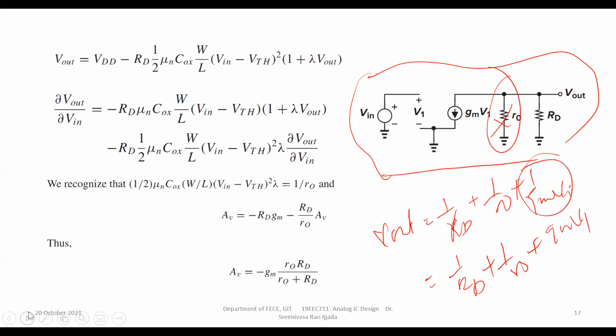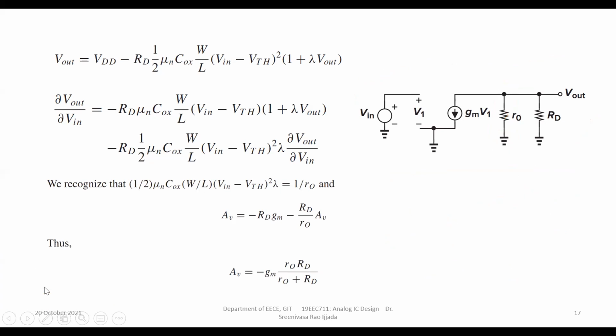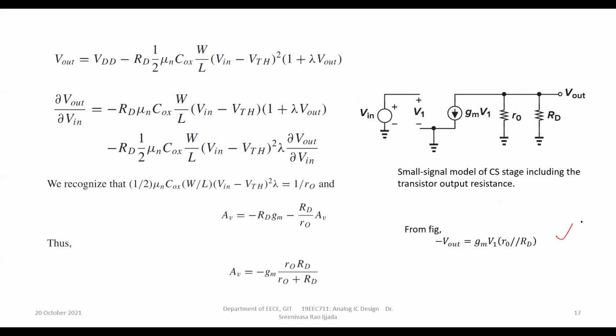Okay. So this is minus V out is equal to this current, should be right. These two are parallel, and make this current in this side, then you will get the drop. This current this side means negative sign will come. So that's why I put minus sign here. So GM into V1.